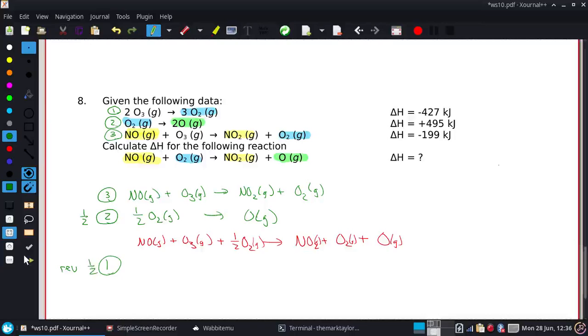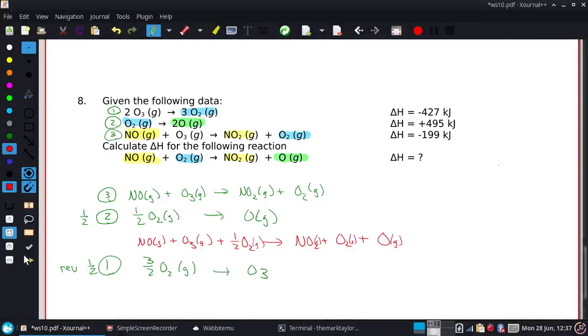Now, if I do that, that would give me 3/2 of an O2, 3 times 1/2, and then that O3. That 3 looks terrible. All right, but that gives me something kind of neat now. So when we combine our equations now, we're basically adding the red and the green that I just did, because we can do something kind of cool.